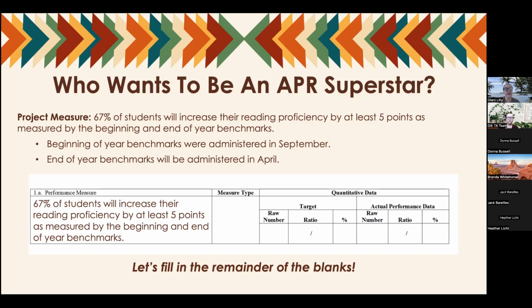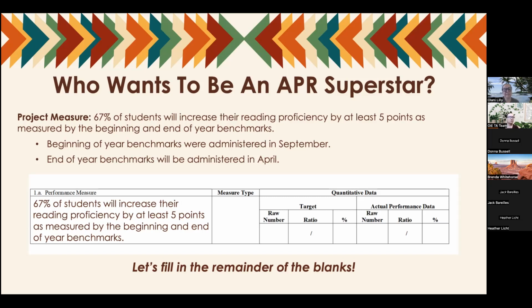And then how would you report it in your end of year benchmarks, in your actual performance data? Again, look at when you will be receiving that end of year benchmarks. Do we have that data yet? Probably not.